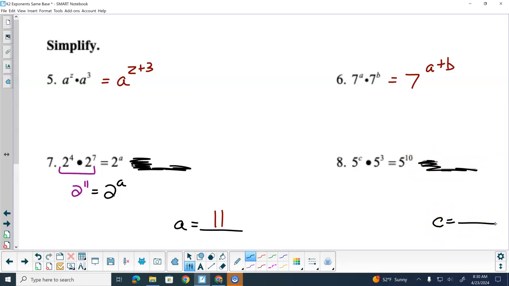Once again, do we have the same base on the left side? Yeah? Okay. What would the left side simplify to be? 5, right? To the what power? Nope, that's just the one. That's just this one.